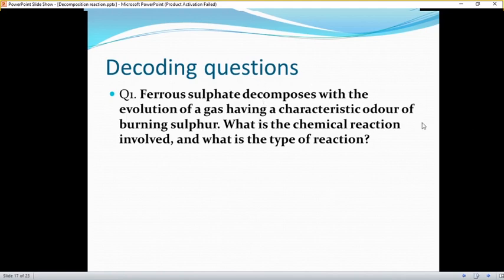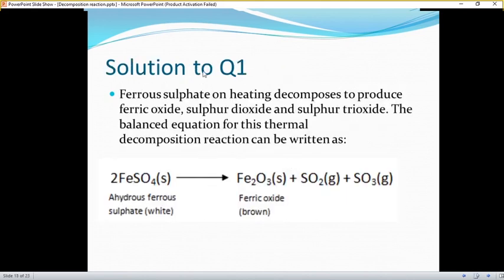Now this odor of burning sulfur is either due to sulfur dioxide or sulfur trioxide. So the solution to this question would be ferrous sulfate on heating decomposes to ferric oxide plus SO2 plus SO3 gas, that is sulfur dioxide and sulfur trioxide gas. The odor of burning sulfur is because of these two gases.